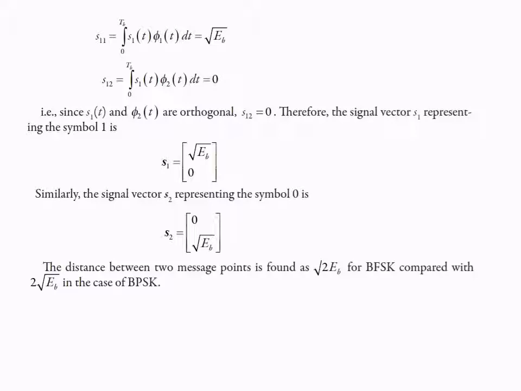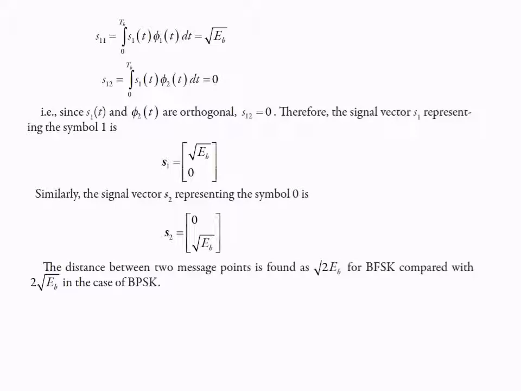In that we have already discussed an analysis equation that we are going to use here. So how can we calculate S11? S11 is equal to integration 0 to TB of S1(t) phi1(t) dt. After calculating, we got it as root of EB. Similarly, we have calculated S12, that is equal to 0. Now how can we write the signal vector S1?